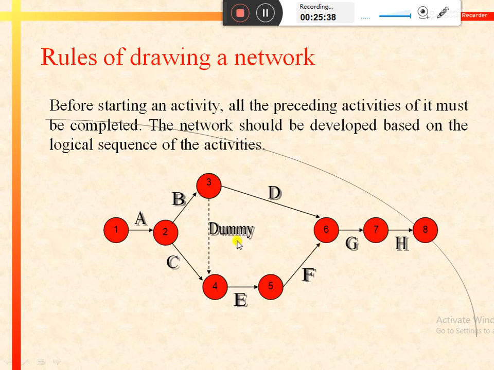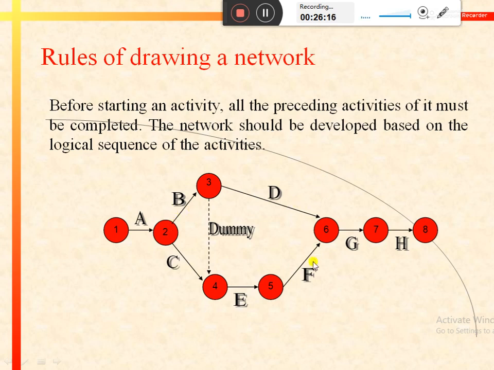Like if we want to start the activity B, then activity A must be completed because activity A is the preceding activity of activity B. So we cannot start activity B without completing the activity A. In a similar manner, to start activity D, that is from node 3 or event 3 to event 6, we should complete activity B and activity A. So without completing activity B or activity A, we cannot start activity D.